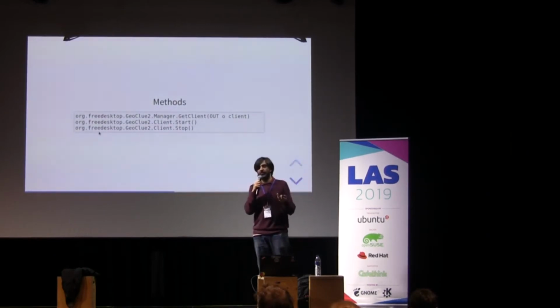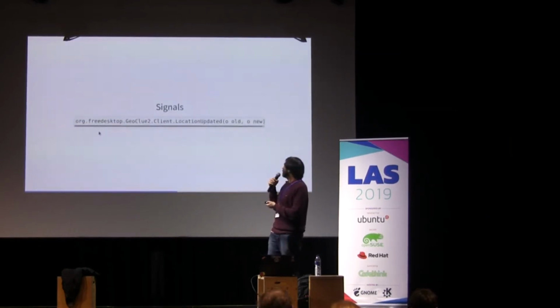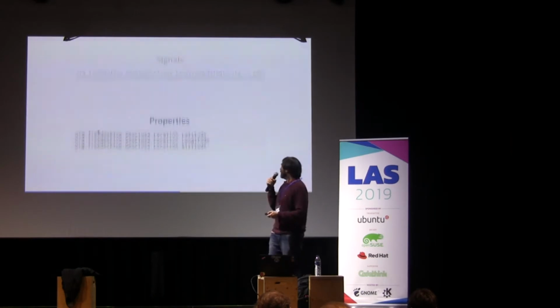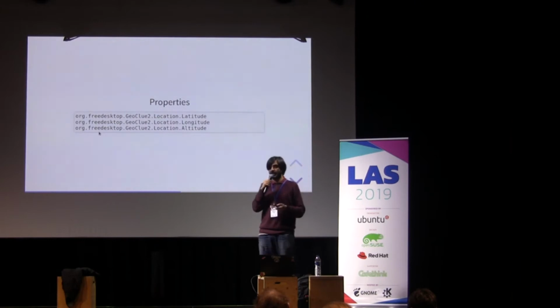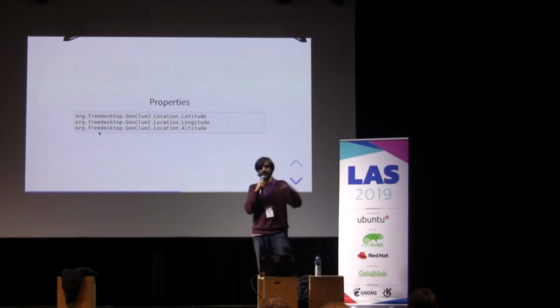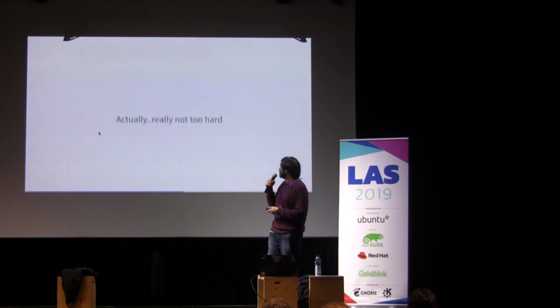The basic API is methods and signals. A signal is just a method, but in the other direction, where you get an event from the service. A method is something an app usually calls on the service. And then properties, which can be read-only or read-write as well. These are all on interfaces, and objects implement those interfaces, and they have the APIs then.